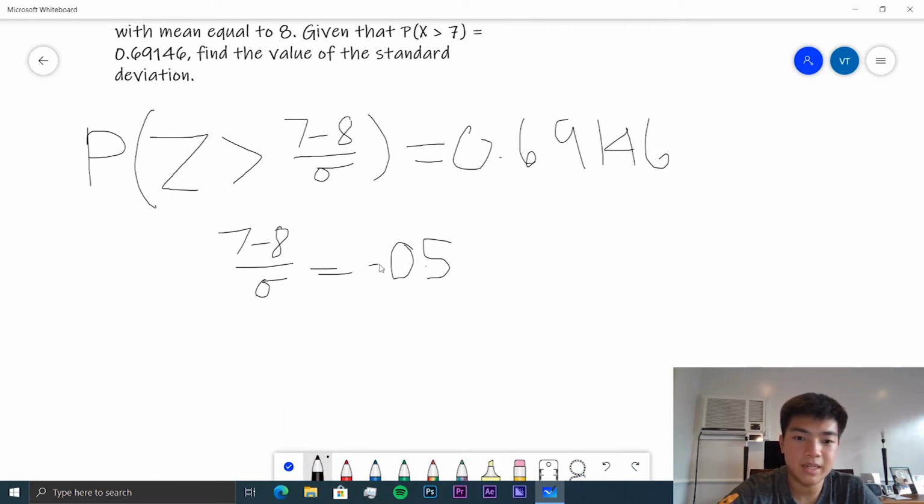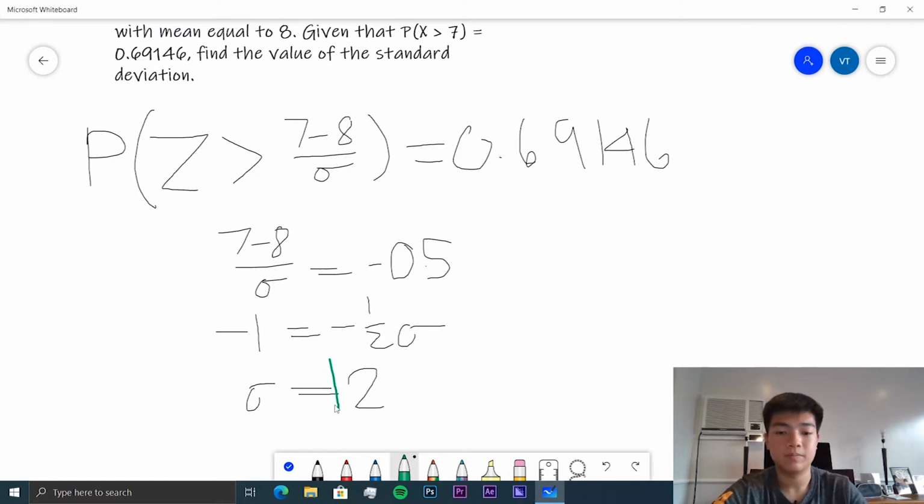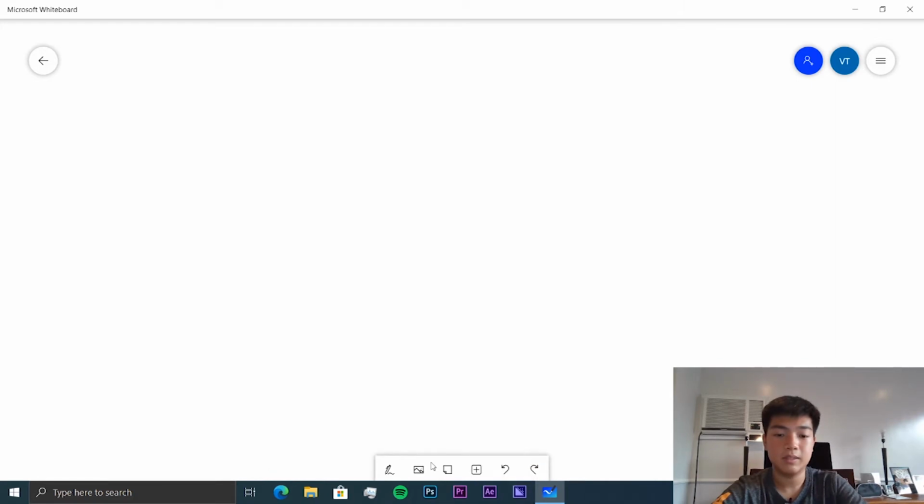Actually this should be negative 0.5. So we have negative 1 is equal to negative 1/2 of the standard deviation, so the standard deviation should be equal to around 2. Okay, cool. So we have a standard deviation of 2. On to the next one.